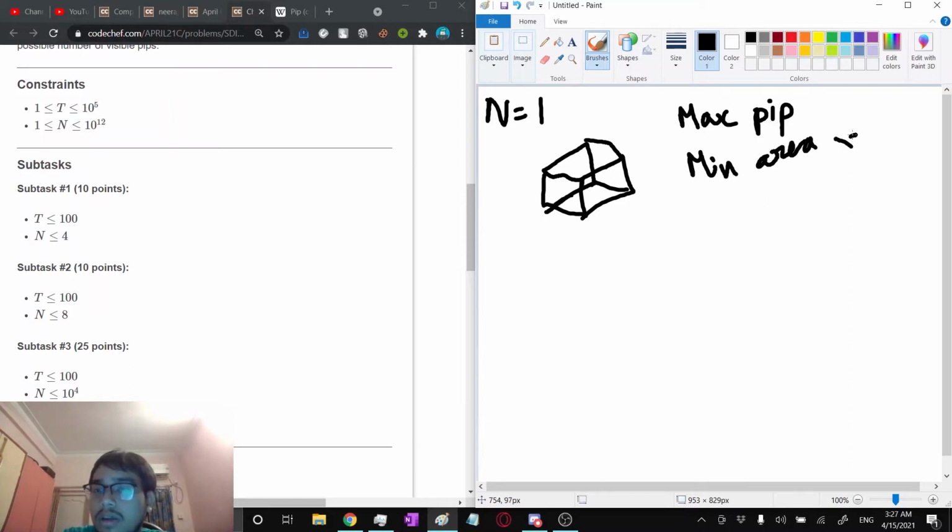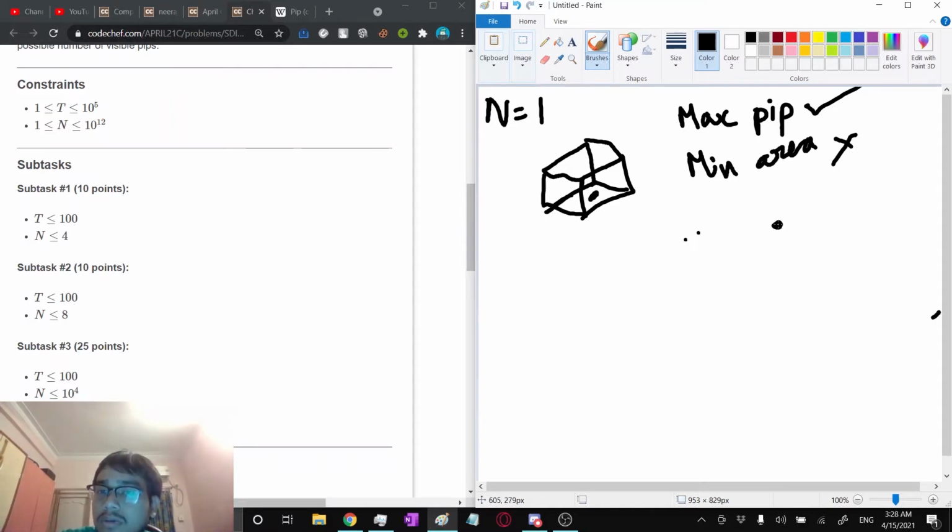Let's just ignore area since there's only one die, so it will obviously be 1 x 1 x 1. Now considering max pip, we get the max pips on the visible surface if the face which has one pip is at the bottom so that it is not visible.